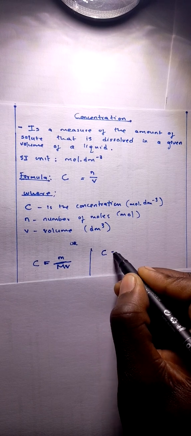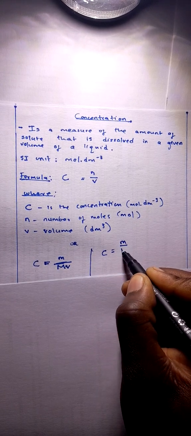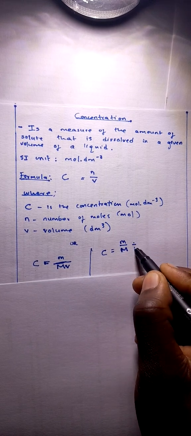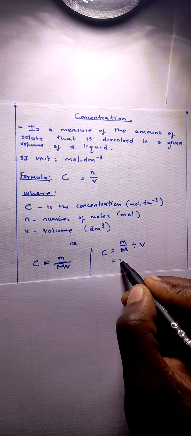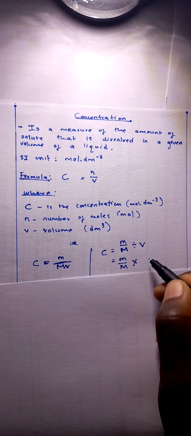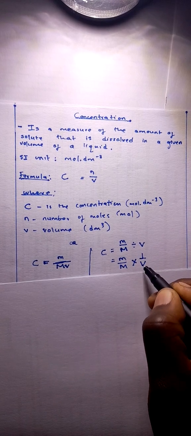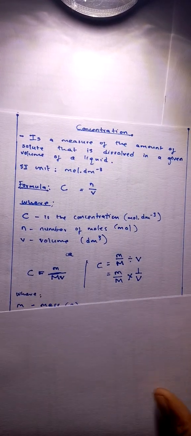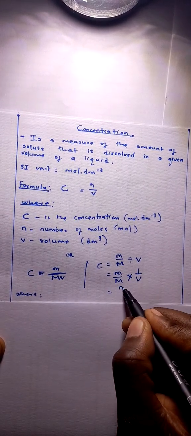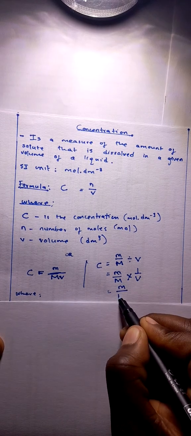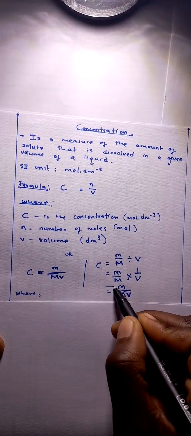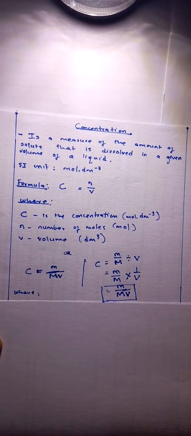Therefore C is mass over molar mass, then we divide by V. When we multiply, the V becomes reciprocal, 1 over V, and therefore when you multiply the two, mass times 1 is mass, over molar mass times volume. This is actually what you have here, it's just showing you that part.